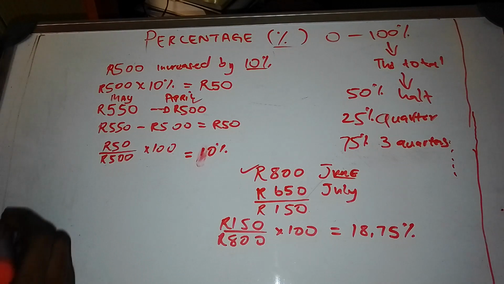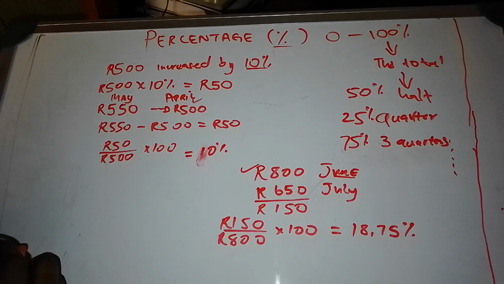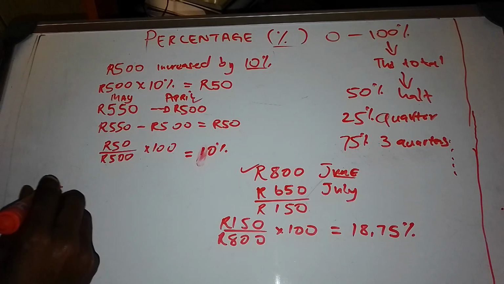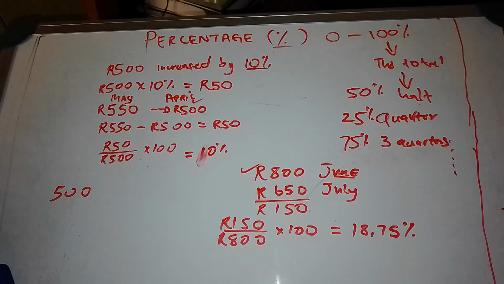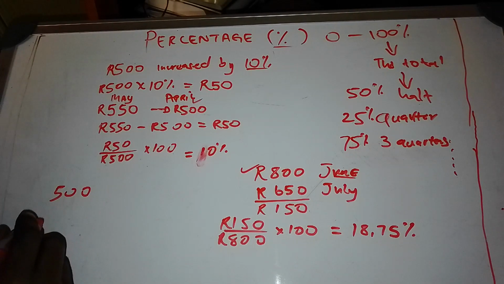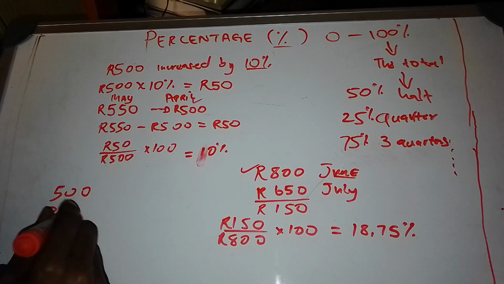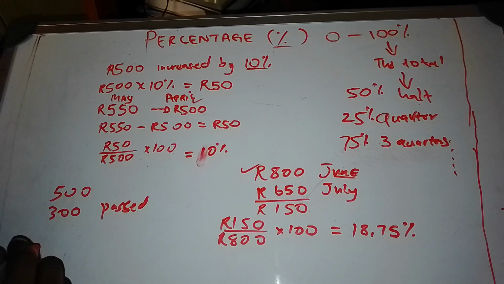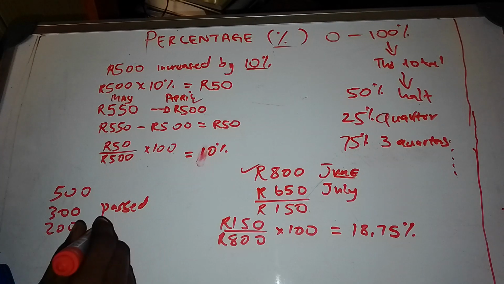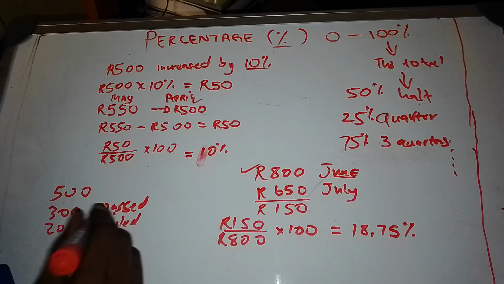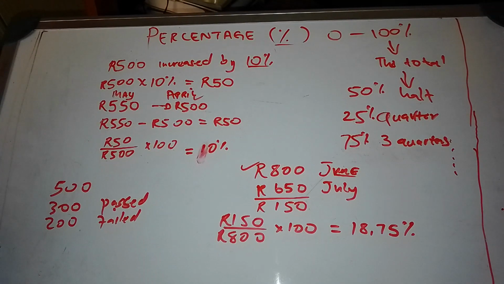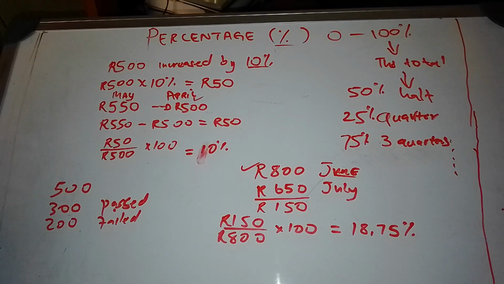In a class of learners, you've got a total of 500 learners, right? Out of that 500 learners, 300 have passed the test. 200 have failed the test. So the question is, what is the percentage of the students who passed the test?